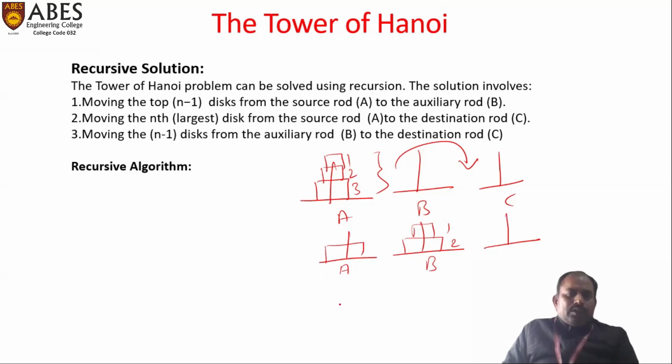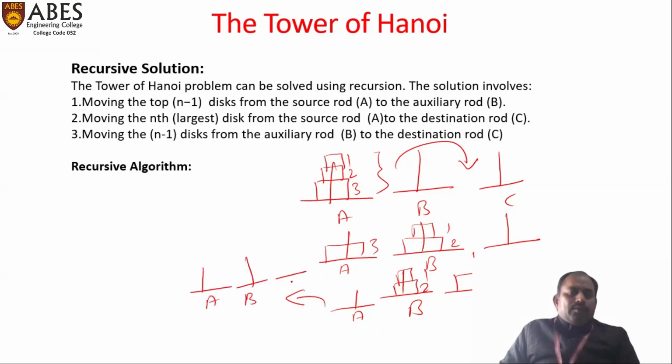In the third step, we move the third disk to rod C, keeping it the same. So now disk 3 is on rod C. In the last step, we move this arrangement from rod B to rod C. Rod B is now vacant, and rod C has the whole arrangement.